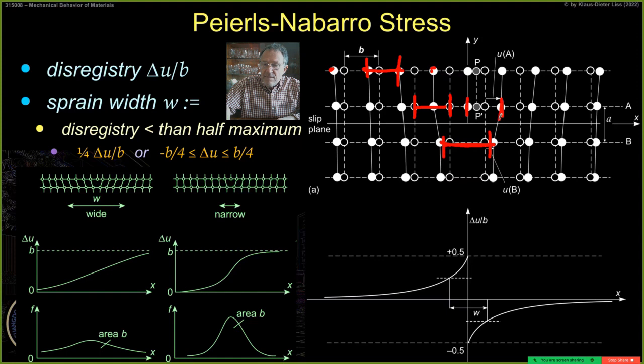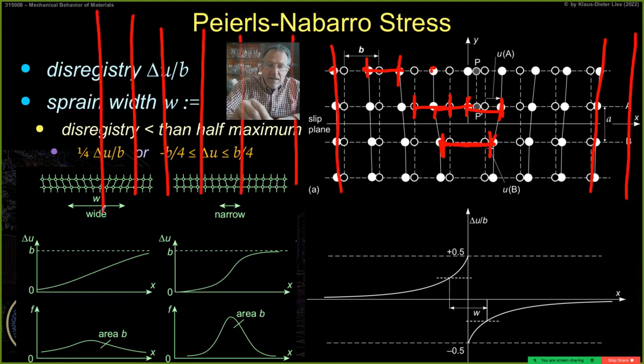And from there to there, we have a slightly shorter distance, because here we have to put two of the shorter distances close to the one larger distance. And only if we go far away from the dislocation, then the lattice becomes straight again. If we go far away, then we have the straight lines again if we go along the y direction.